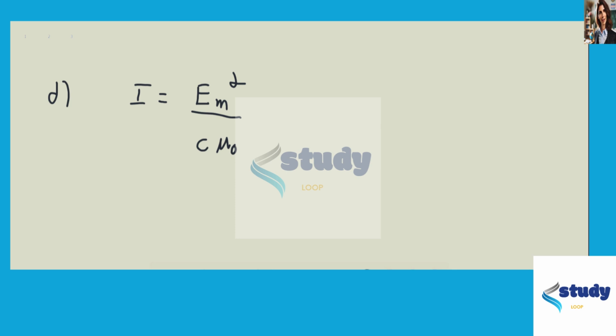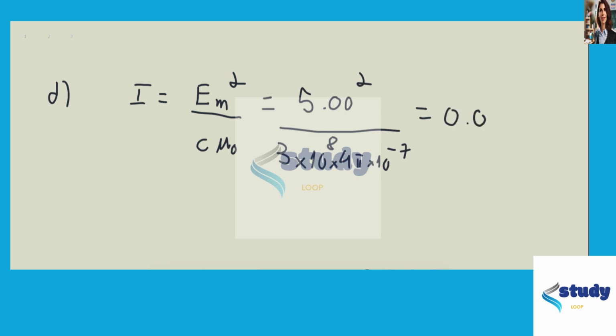E_M is 5, squared, c is the speed of light, and mu zero is 4 pi times 10 to the minus 7. This gives us an intensity of 0.0332 watts per meter squared.